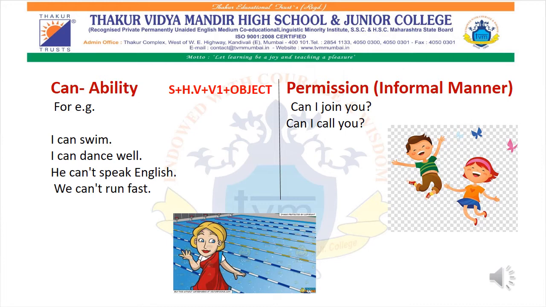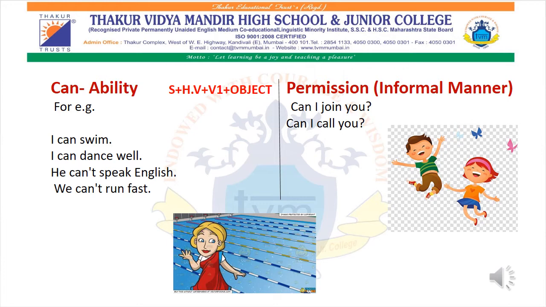So the word can also talks about the ability of the person. It also helps you to ask permission, but in an informal manner and not in the formal manner. Formal manner we'll be studying later, which word to use if you want to ask your principal or head. But if you want to ask your friends, okay, I know you all don't give so much respect to your friends, right?